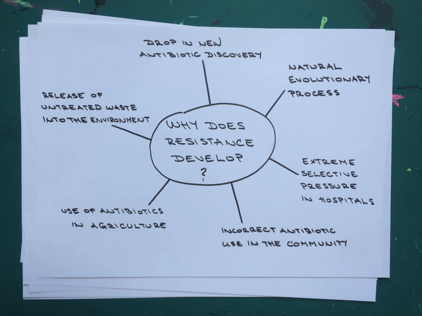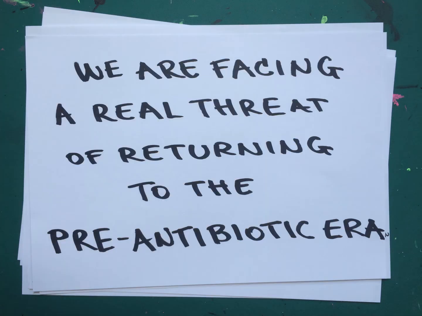Of course, these 6 drivers vary depending on which country you're in, which part of the world you're in, but they all contribute to this big mix of factors that lead to resistance and multi-drug resistance. So with all this being said, we are facing a real threat of returning to the pre-antibiotic era, as in the era in which a mean bacterial infection could kill you.